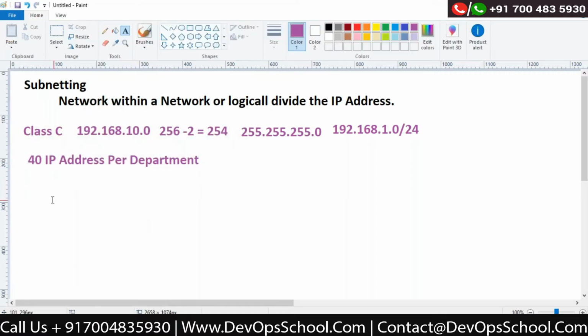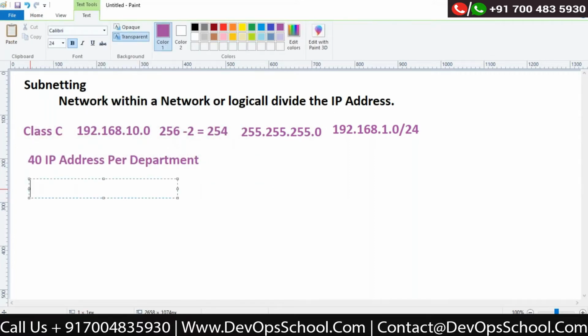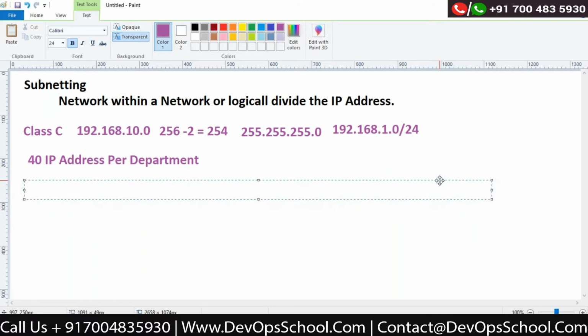Agreed, no problem. Then how do I start calculating? I know that this is the last 8 bits which I have for the host side only. The rest of the 24 bits I cannot touch, because those are the network bits, which are fixed. So 192.168.0 is the network part of the class C, and then 1, 2, 3, 4, 5, 6, 7, 8.